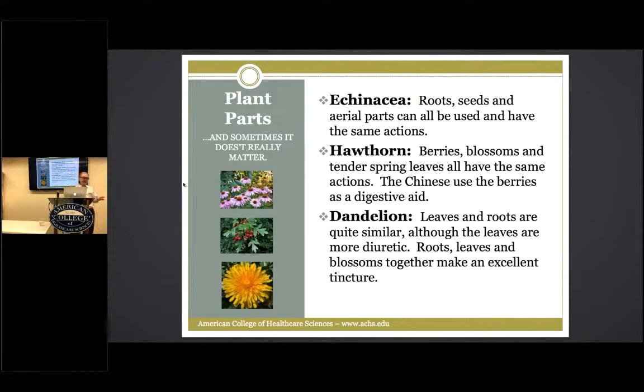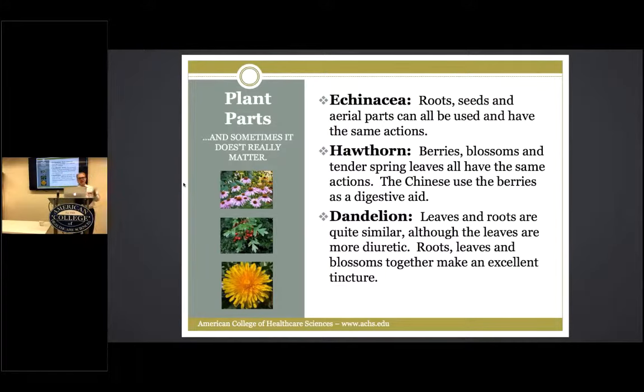Now, the berries have been traditionally used in China as a digestive aid because it helps digest proteins and carbohydrates together. The Chinese never picked up on the cardiovascular tonic aspect until they had much more contact with the Western traditions.